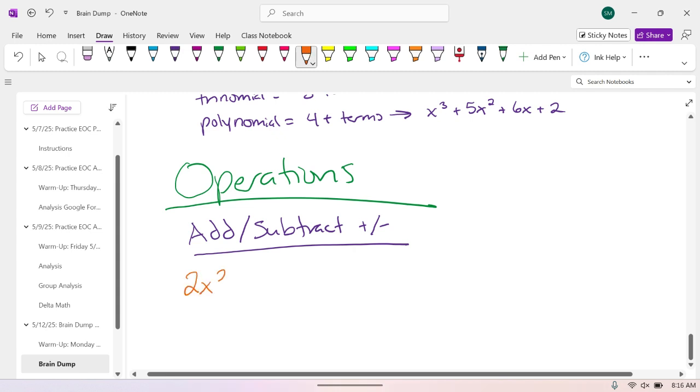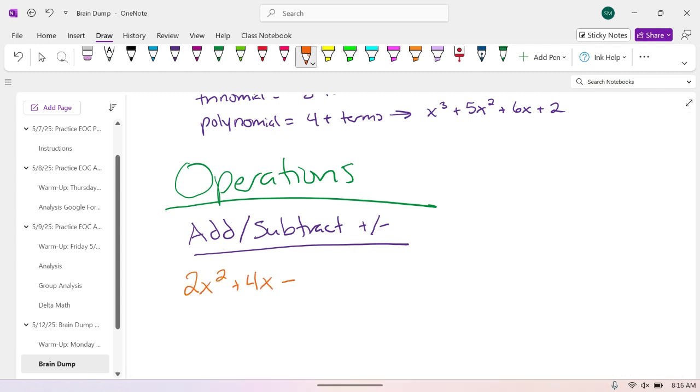So if we had 2x squared plus 4x minus 6 plus 5x plus 2, distribute negative if subtracting.